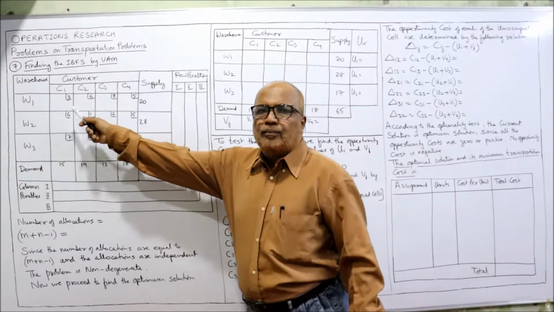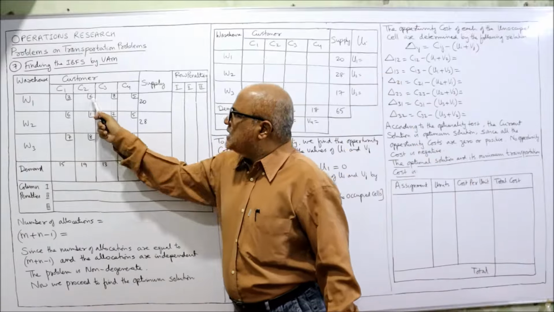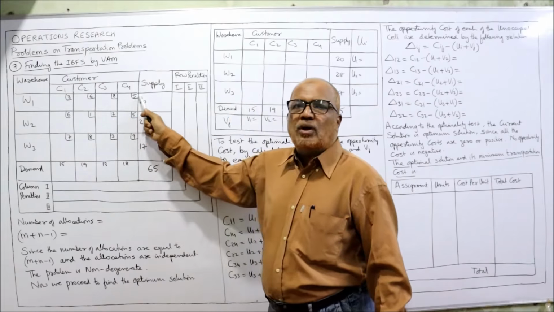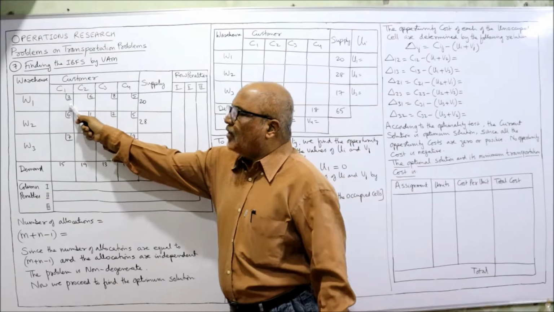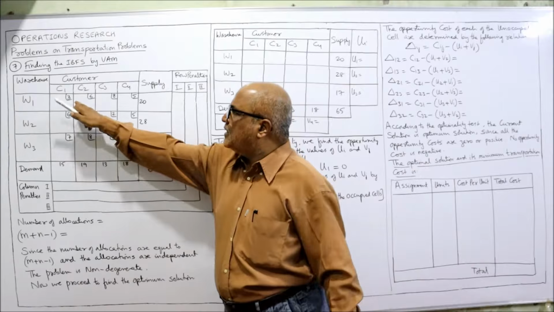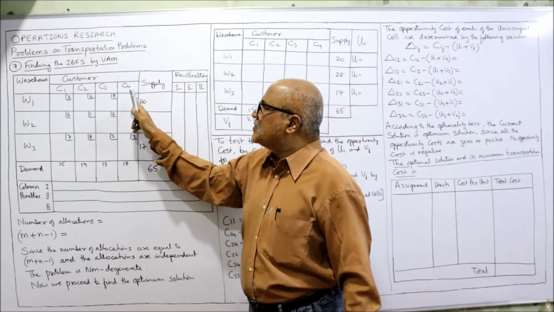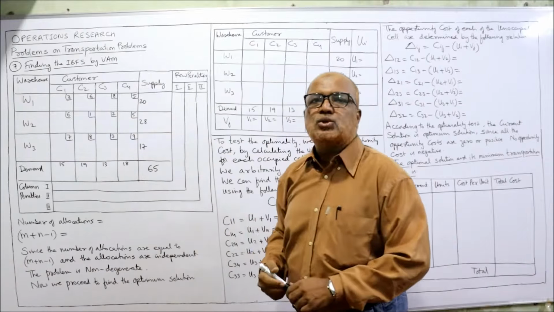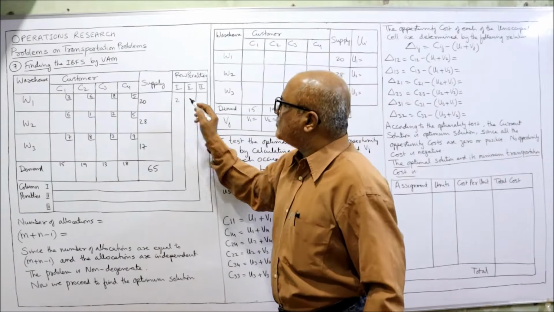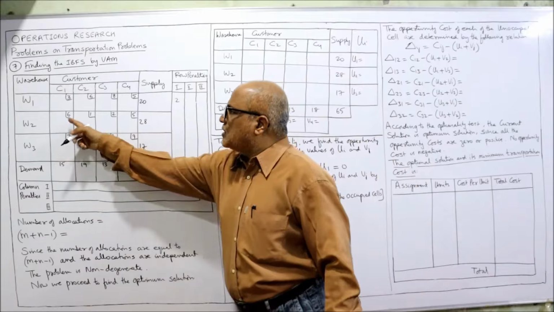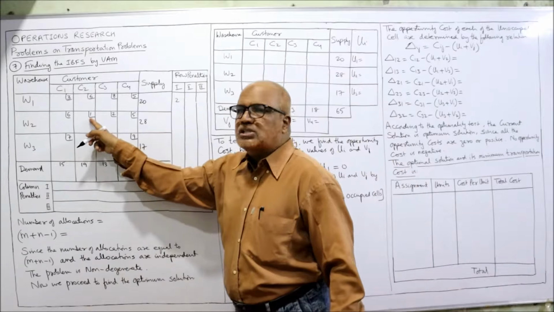So first of all, row. First row: 3, 6, 8, 5. What is the smallest cost? 3. What is the next smallest cost after this 3? 5. The difference 5 minus 3 is 2. The penalty is 2. Here the costs are 6, 1, 2, 5. Lowest cost is 1.